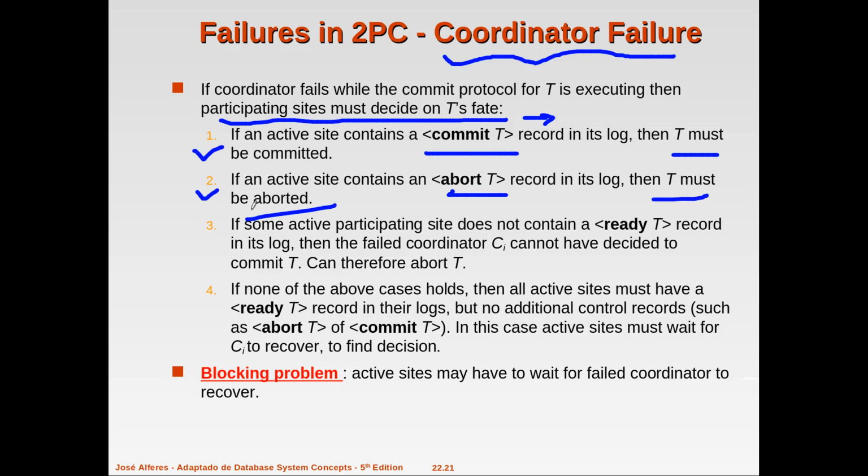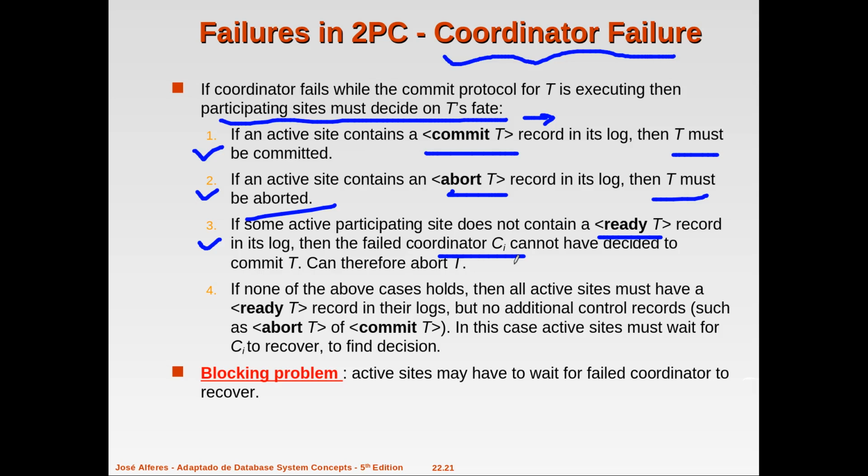It can also abort. Now if some participating site does not contain a ready T message in its log, then the failed coordinator cannot have decided to commit. If ready T is not there, it means it might not have completed its task.